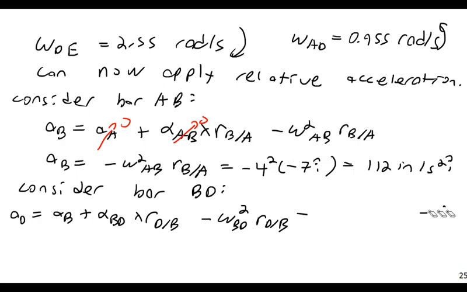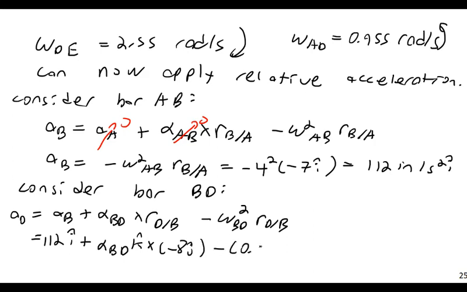Actually, let me write that down here, I'm a bit out of room. So that is equal again to 112i, my A_B, plus alpha BD times vector k crossed into negative 8j, minus 0.95455 squared times negative 8j.